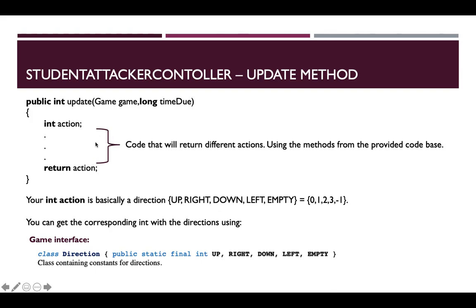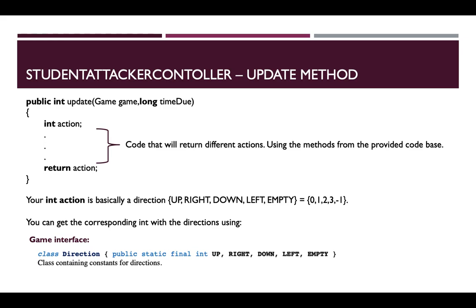Now, your code here before you return action is probably not going to be just action equals 0, where you want your attacker to just go up. What you're going to have in your code is that you're going to leverage all the different methods that are available for your use to get different actions, dependent on the game's status in real time.